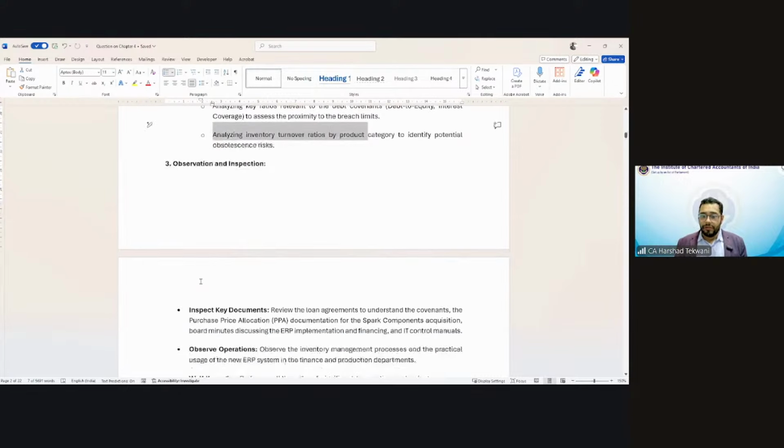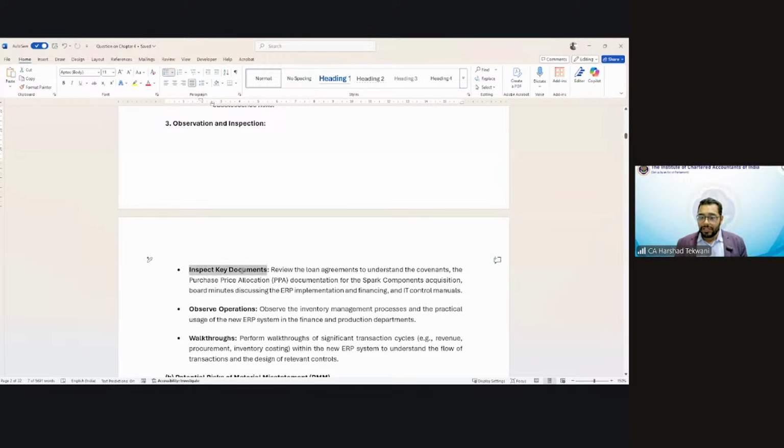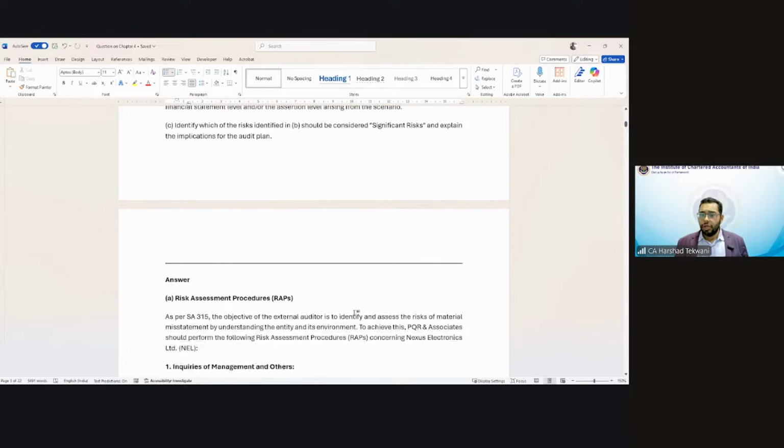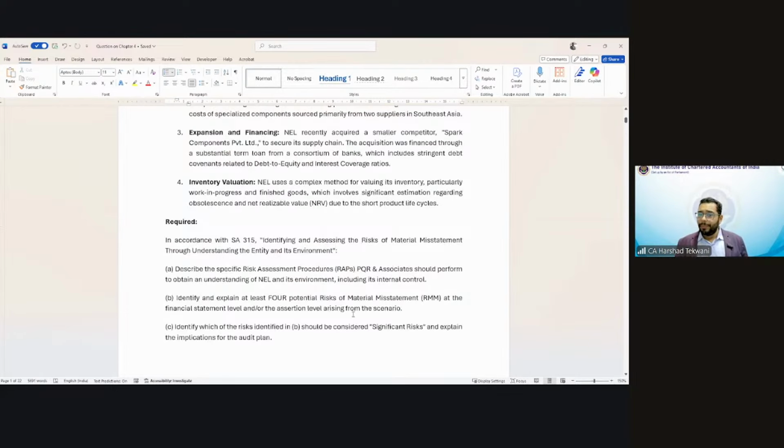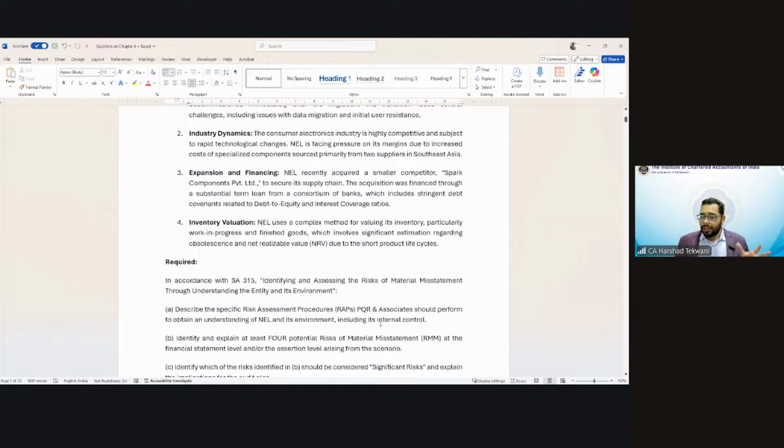Inspection and observation, which include key documents, for example, purchase price allocations, covenants, acquisition, board minutes, a lot of things. Then observe the inventory management process, how the inventory valuations are done. Walkthroughs will be performed of significant transaction cycles, revenue, procurement, a lot of things. So these are the methods that I will use to obtain the understanding of the entity.